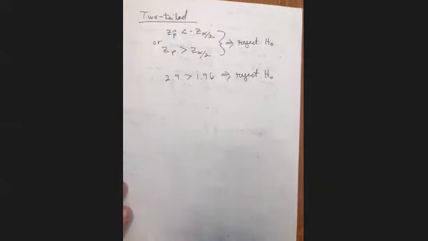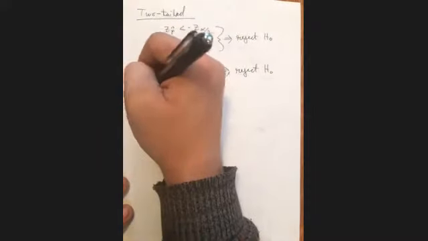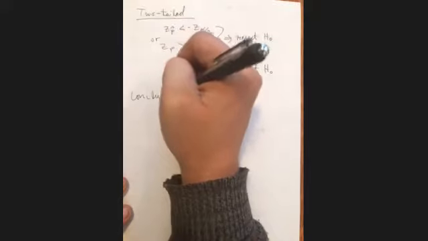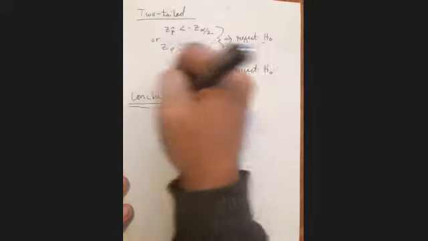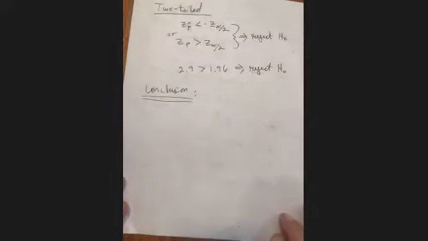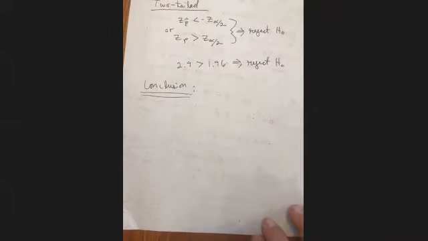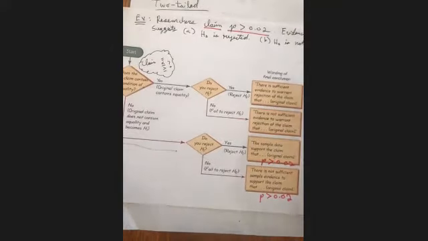Okay. Very nice. So now what? Well, now we form a conclusion. How do we form a conclusion? We use our handy dandy flowchart. Remember, I posted this in the files on Canvas.